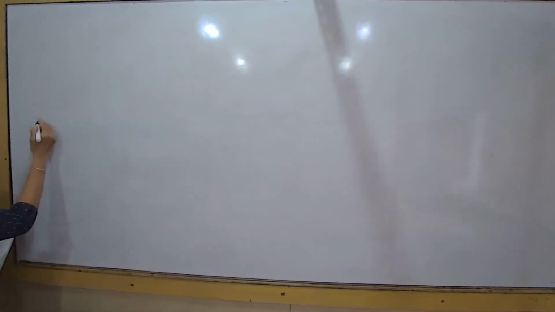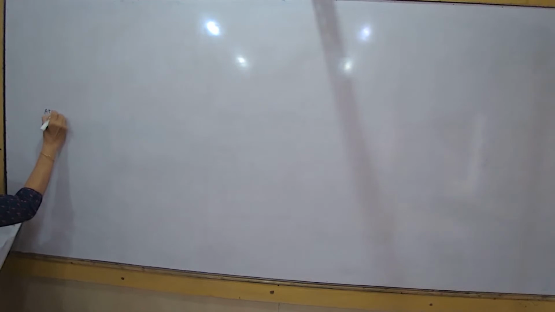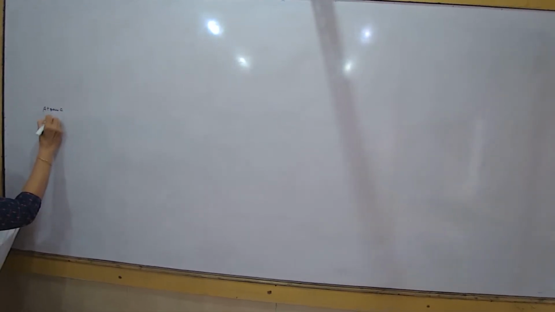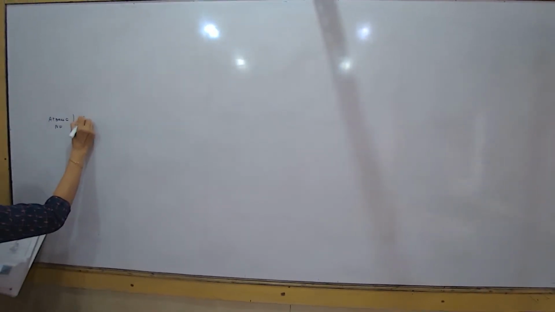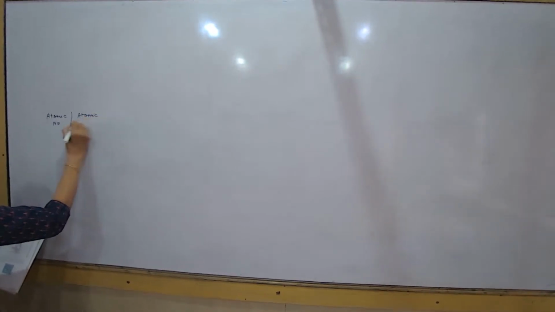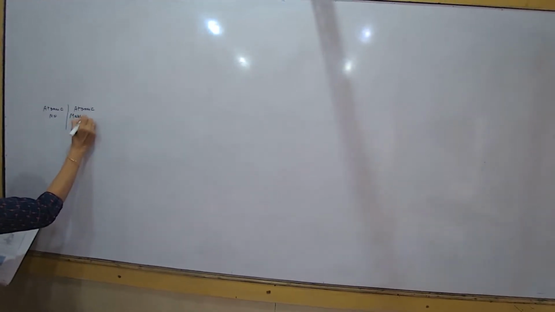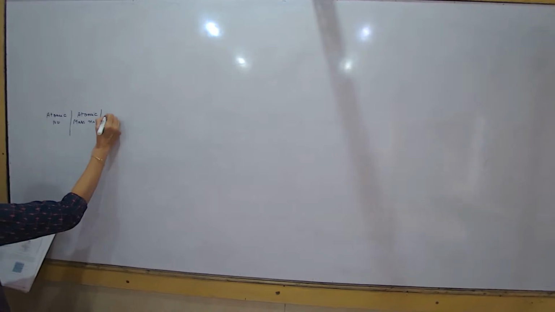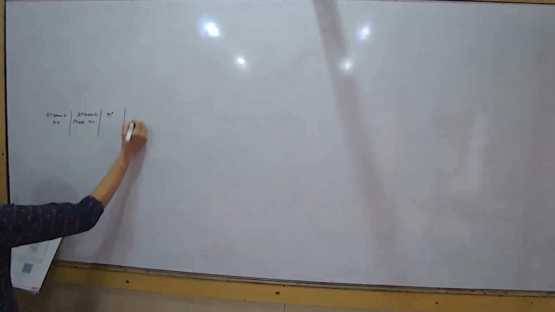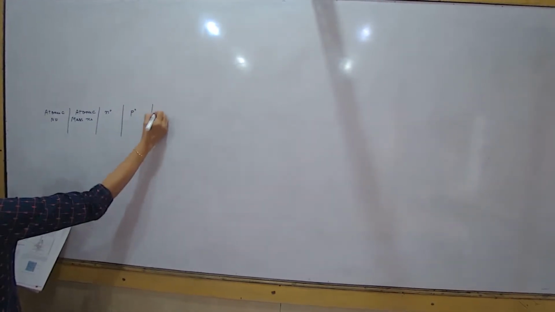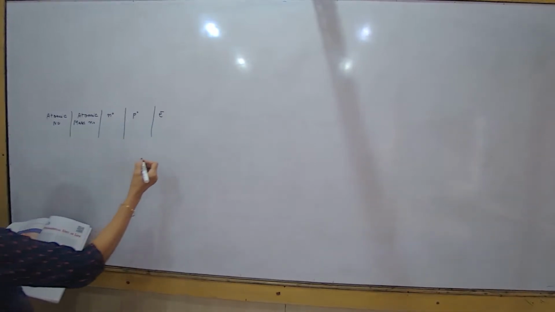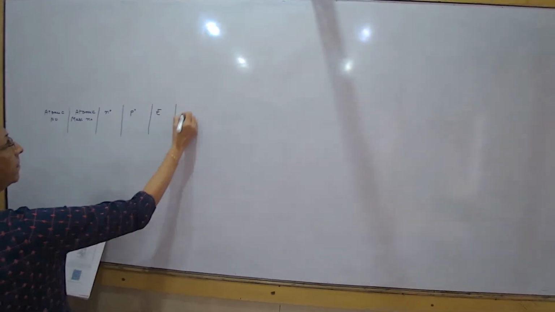Let's do atomic number, mass number, according to whatever is given. How do we write atomic mass number? Atomic number, Z. Atomic mass number, the number of neutrons, protons, electrons, and the name.